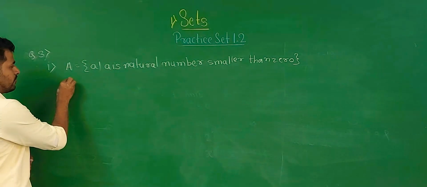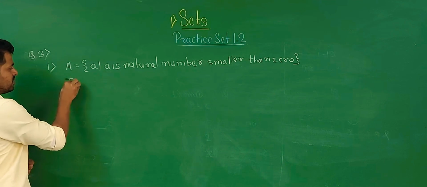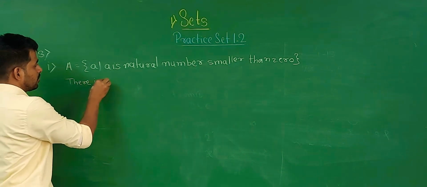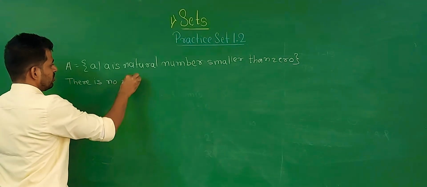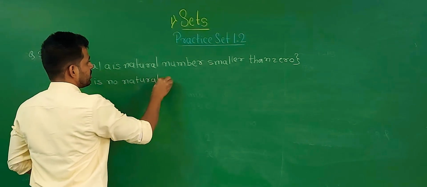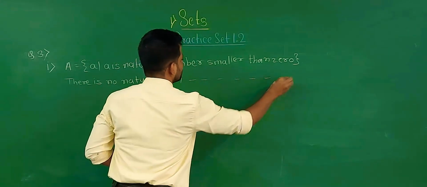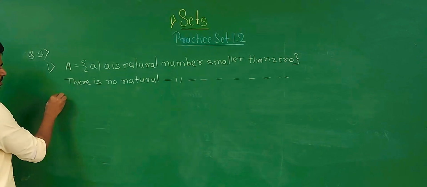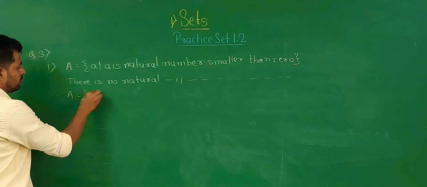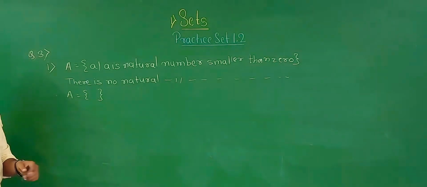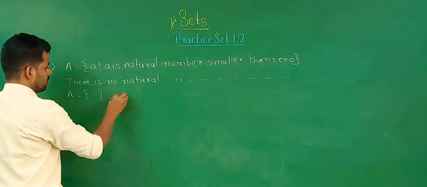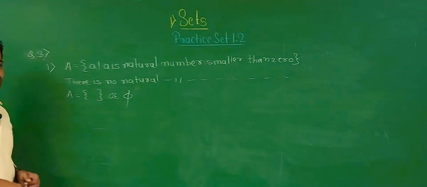Okay, so we have to write here in the answer, there is no natural number smaller than 0. Okay, therefore set A is equal to the empty set, or phi. Okay, understand?